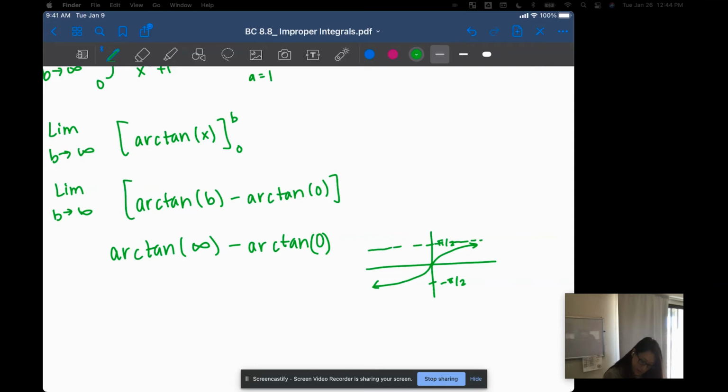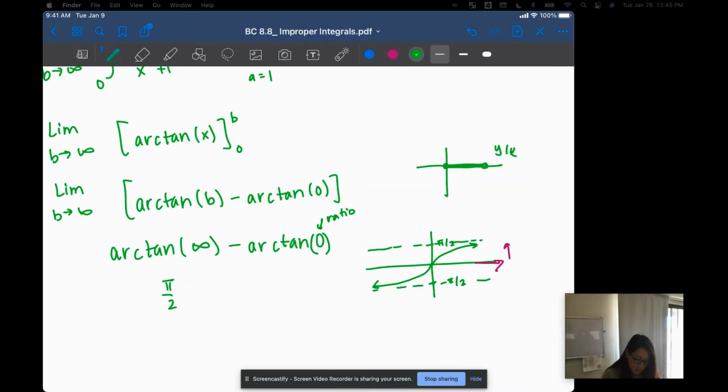And so as x goes to infinity, y is going to get close to the upper bound of pi over 2. And then the arctan of 0, that means that the ratio is 0. So the y over x ratio is 0. So that means that the y value has to be 0.